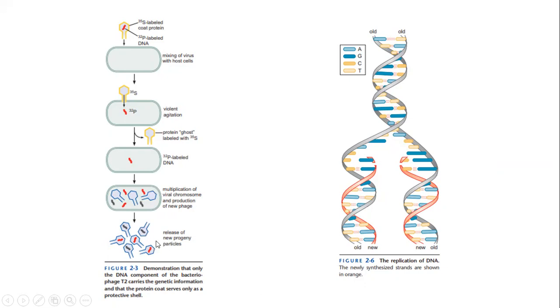But none of these possess S35 labeled protein coat. From that experiment, Hershey and Chase proved that nucleic acid is the material that is responsible for this transformation. Or simply, the nucleic acid is the transforming agent.